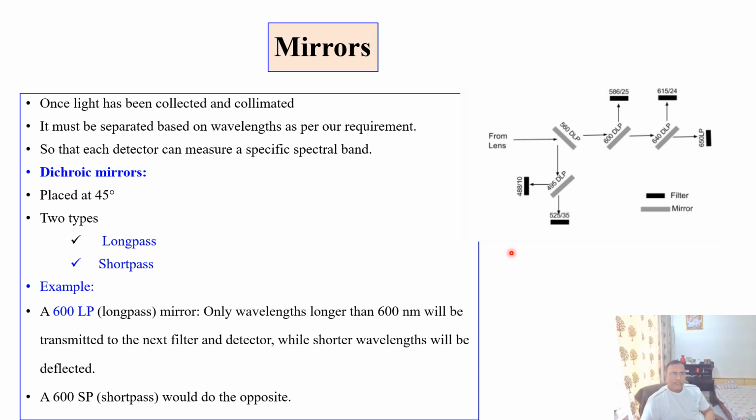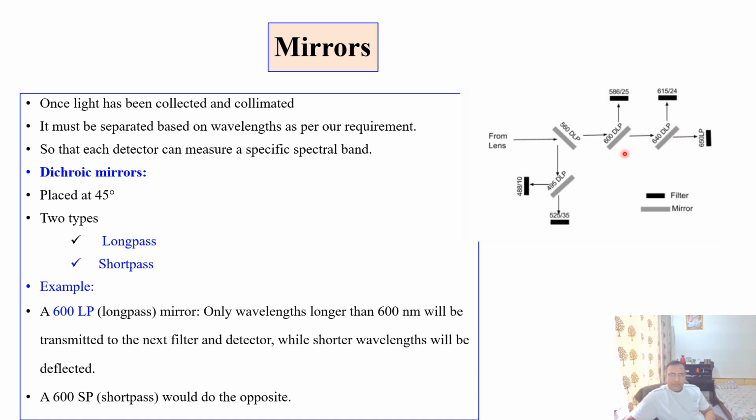So there are different dichroic mirrors of different wavelengths placed at 45-degree angles to the light source. Now what is the function?